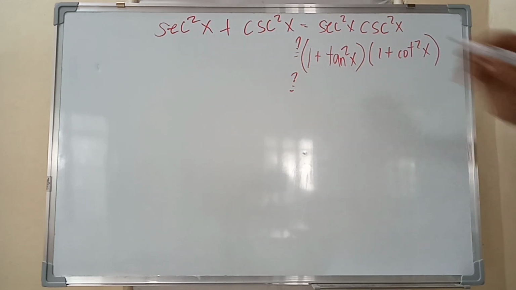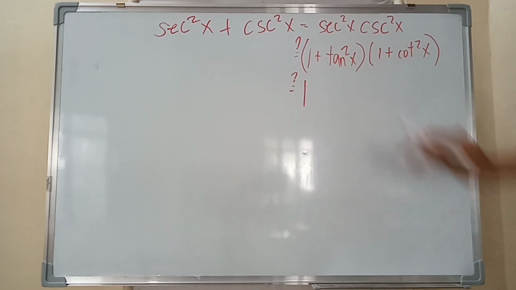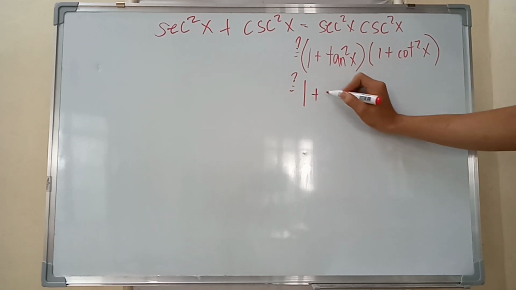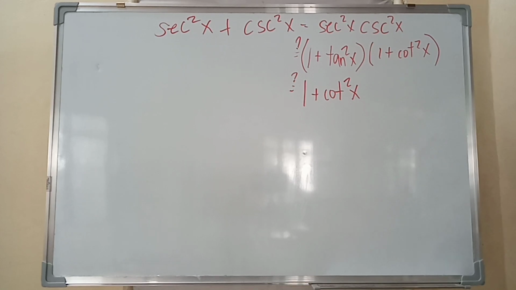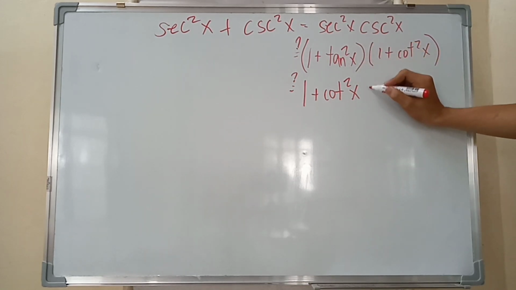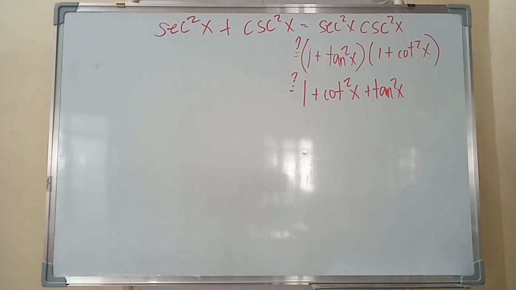Then, gawin na nating FOIL. So, 1 times 1 is 1. And 1 times cotangent squared x is positive cotangent squared x. And then, tangent squared x times 1 is tangent squared x.